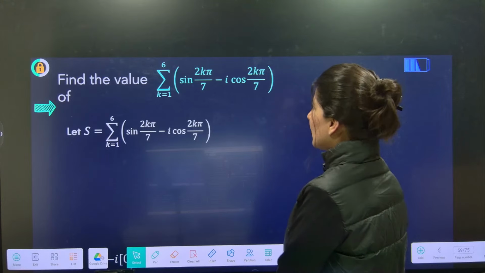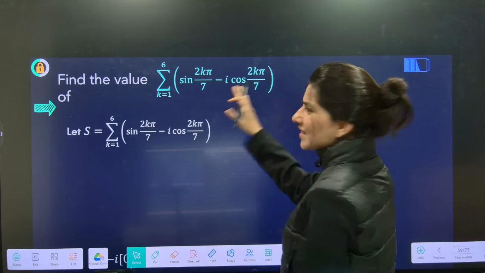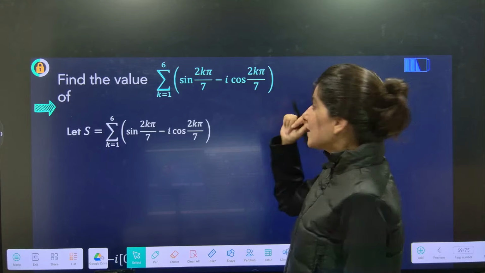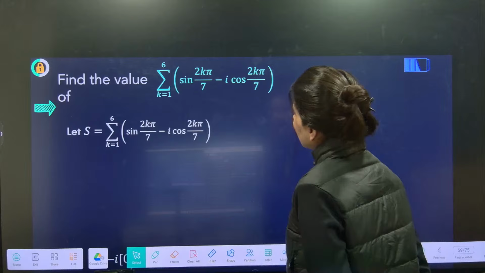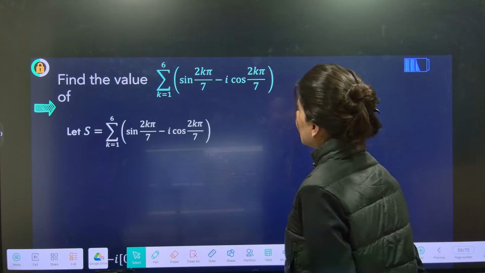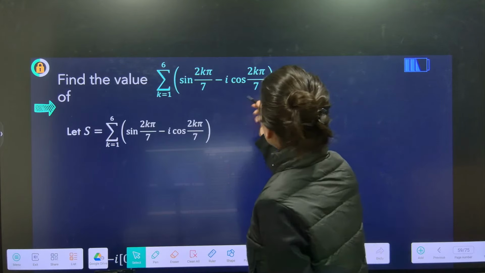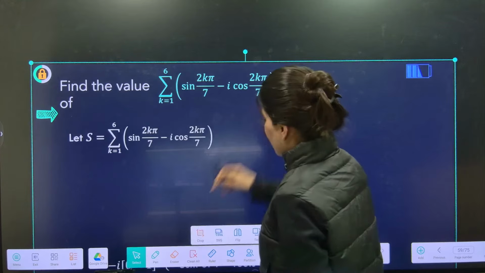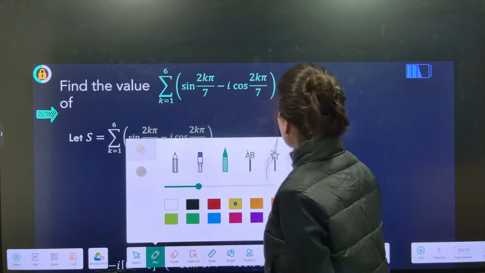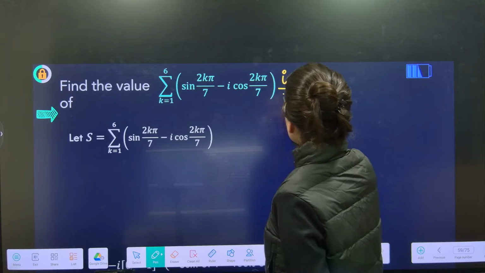Okay. Now, this is something different. We need cos theta plus iota sin theta. So, can I actually multiply and divide by iota? So this is iota and this is upon iota.